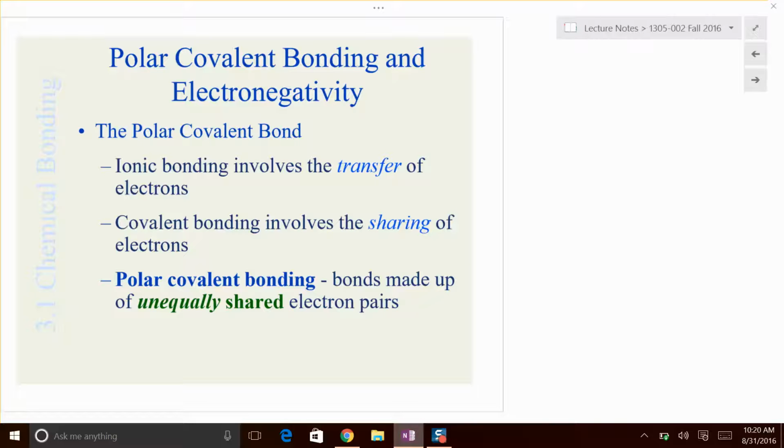And because of that, when they share electrons, fluorine is a little bit more greedy about the electrons because the electrons are more attracted to fluorine than hydrogen. So it kind of pulls them towards fluorine more often, and every so often they'll go around hydrogen, and then they'll come around fluorine, and then they'll go around hydrogen, but more around fluorine. Because it's being greedy with those electrons. It has a higher electronegativity.